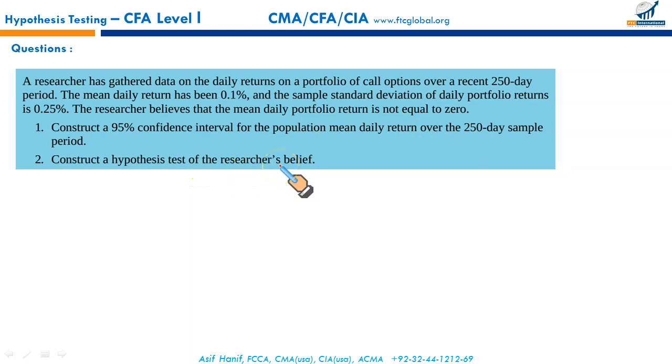Now let us do the first part first. Since we have been given a sample size of 250 days, standard deviation 0.25, first we need to calculate the standard error. How do we do that? The standard error of the sample mean is equal to the standard deviation over the square root of the size of the sample.